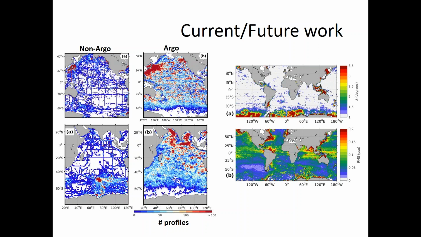And now we can have global estimates of, this is the searching range for each 1 degree, and this is the RMS error from the estimate of salinity. And now we see all the boundary currents and the equatorial region, all the regions with strong variability.